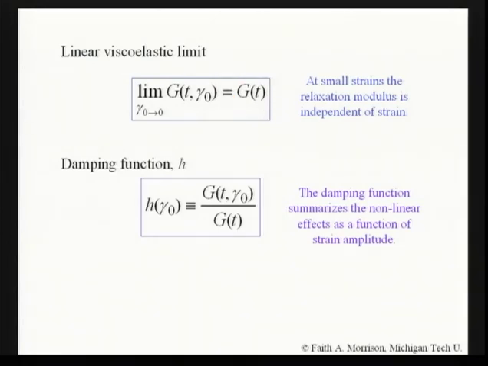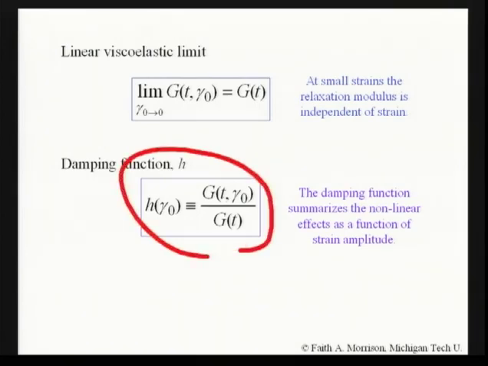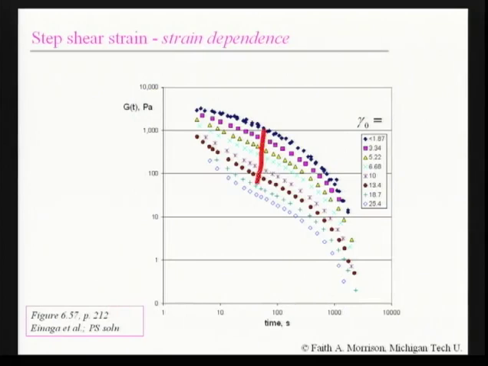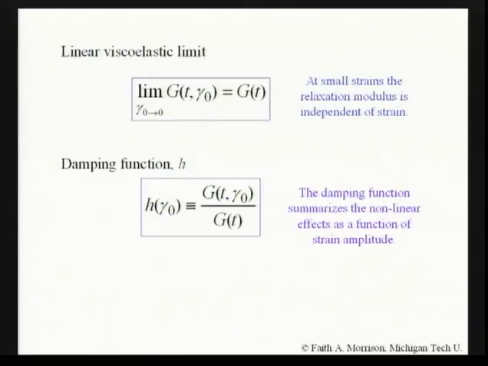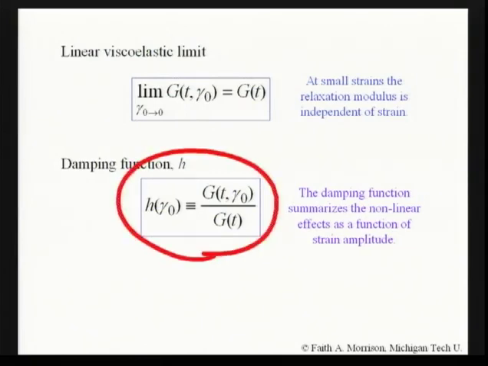This is more sophisticated. We don't need to talk about it that much, but there is a material function defined as the damping function that is defined here that is used to quantify how much this depends on strain. Okay, I'll just leave that. That's advanced information.